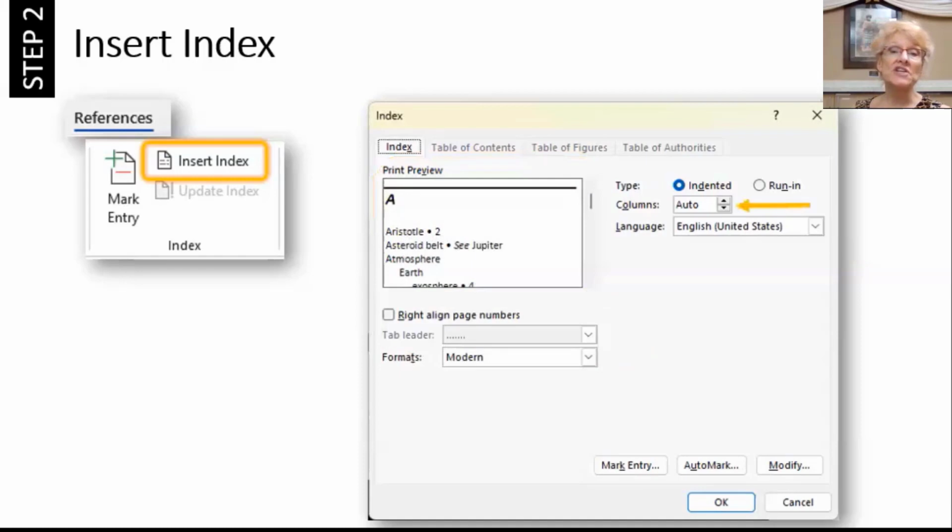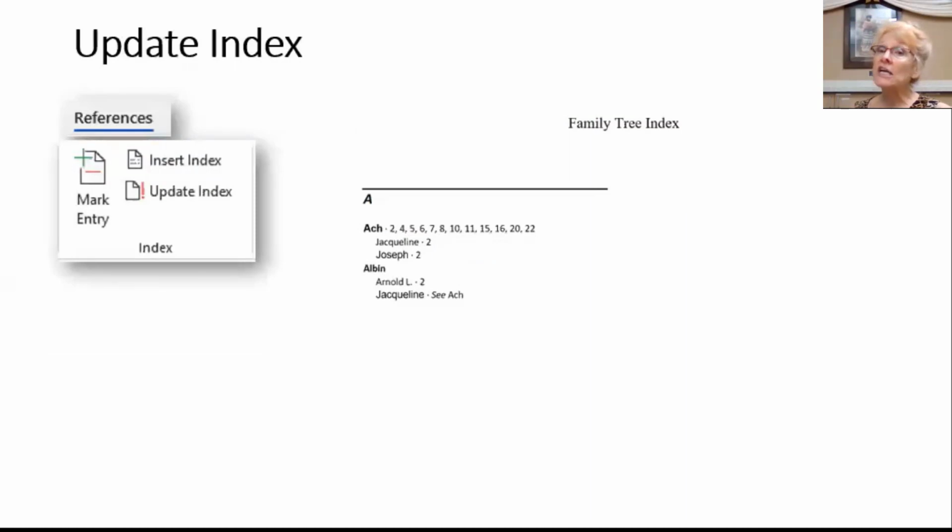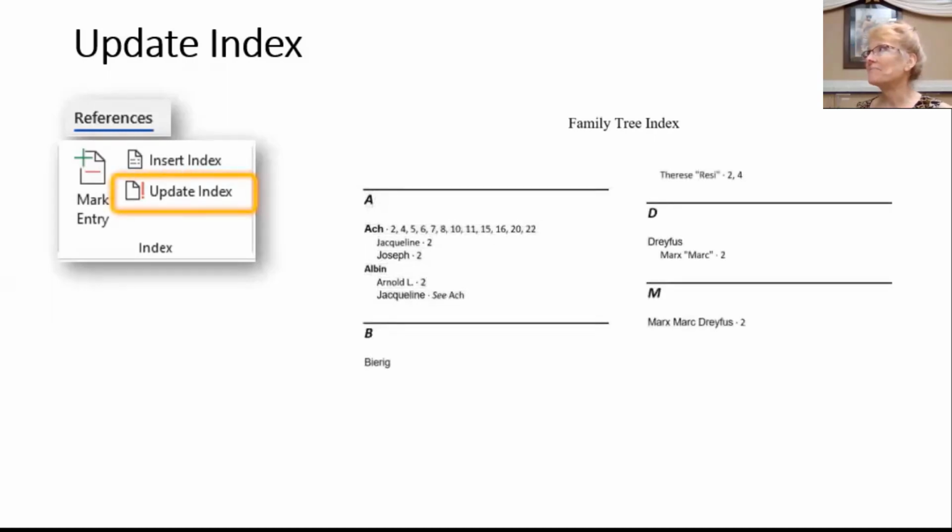The columns also change from auto, where you could have 3 or even 4 columns on a page, to just 2. Once you've made your selections, click OK, and the index appears, just like that. So the hardest in all of this is making your decisions. It's not the actual doing. Just click something. If you make any changes to your marked entries, select the index, then click Update Index for it to instantly update with the changes.